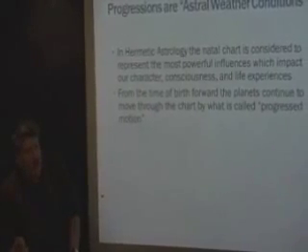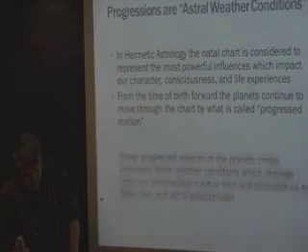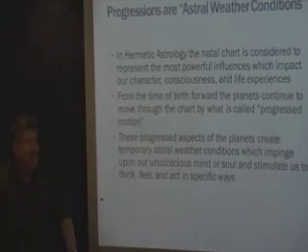And throughout our lives, they are forming relationships, both between one another by this progressed movement, and they're forming relationships to the planets in the chart of birth. What happens is these progressed aspects create what we will call temporary astral weather conditions. Now remember, the word astral means of a star.